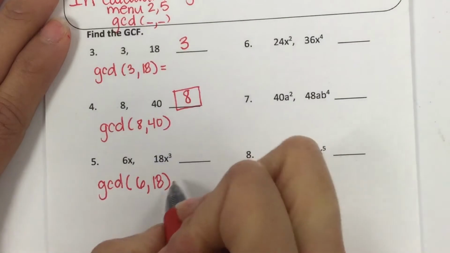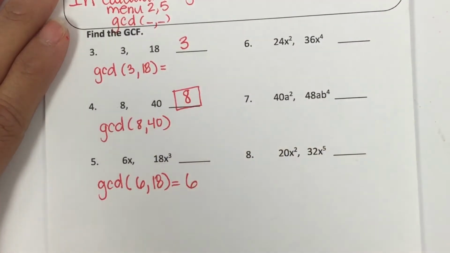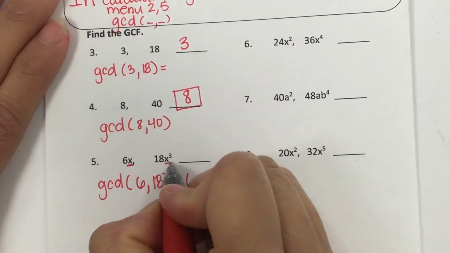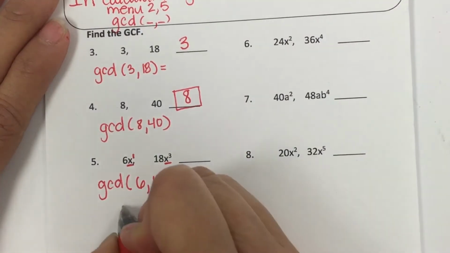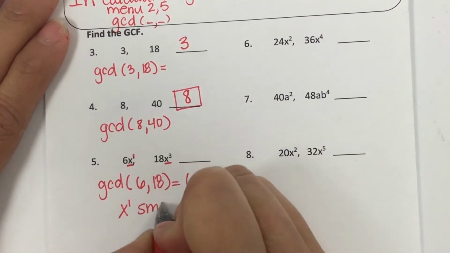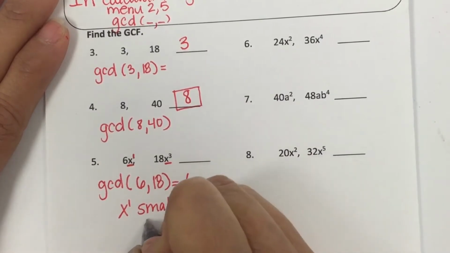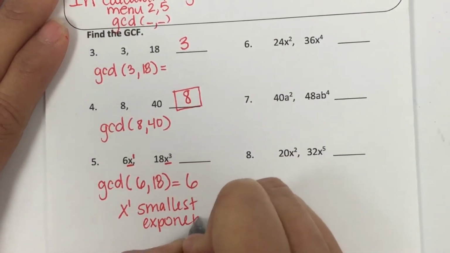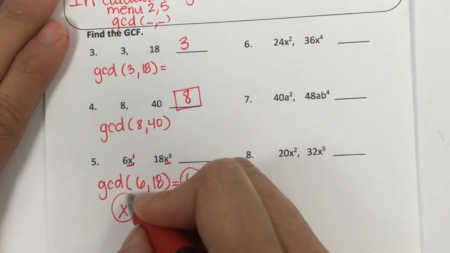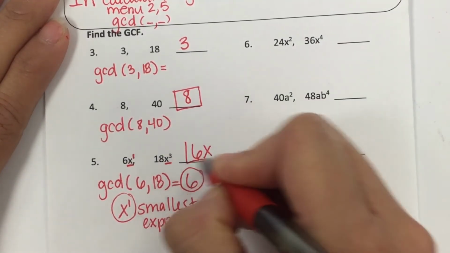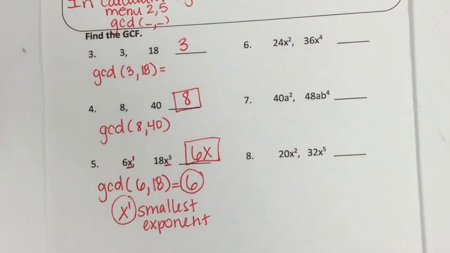So the GCD of your numbers is 6, and then which one has a smaller exponent? X to the first is the smallest exponent. So together, we're going to say 6x is the GCD of 18x and x cubed and 6x to the first power.